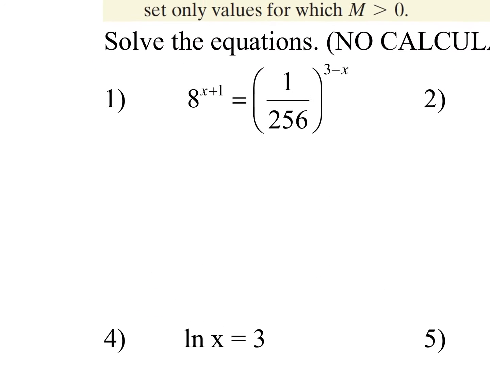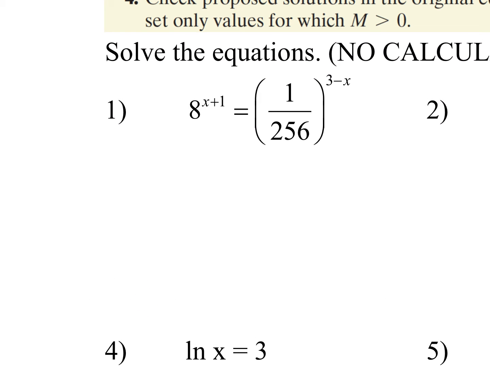So here, on number 1, I noticed that I have two exponentials. And those bases don't necessarily work well together, but I do know that both 8 and 256 are powers of 2.